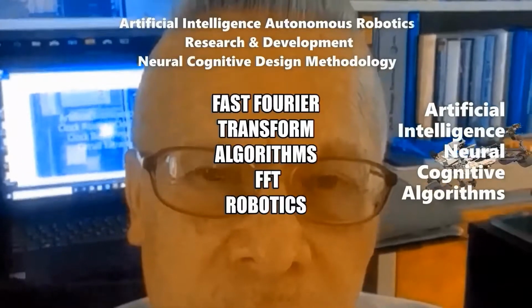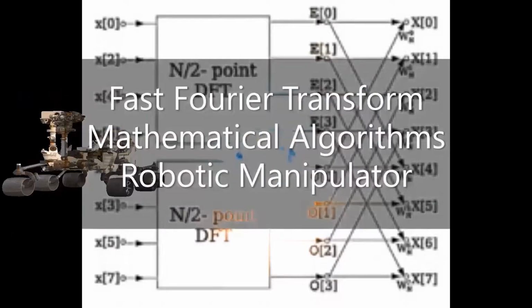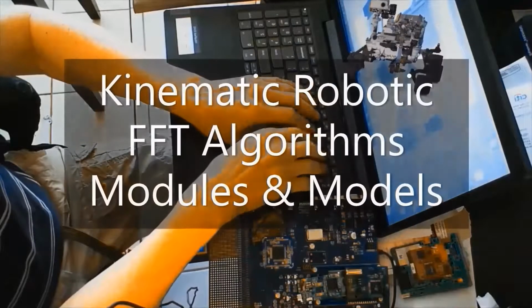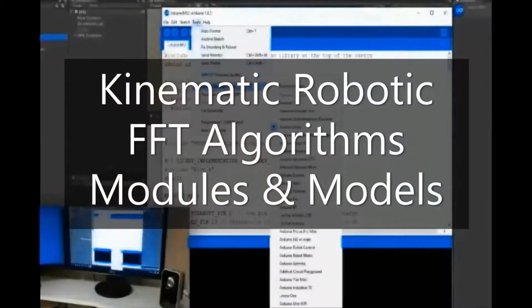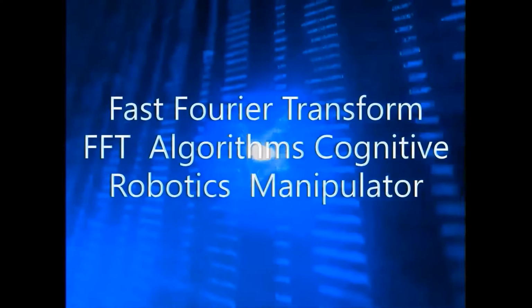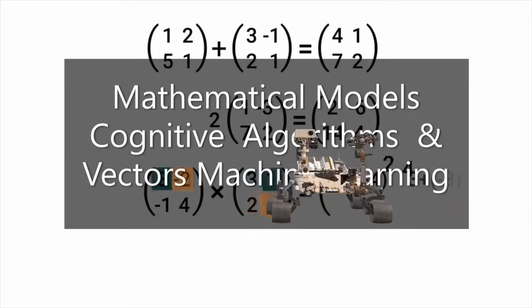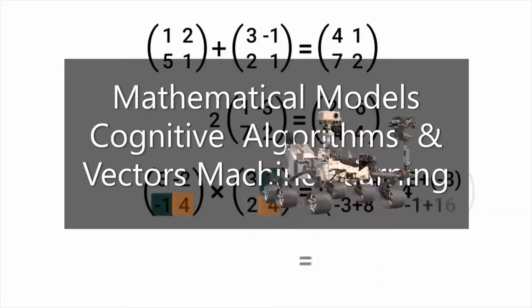Each link has one of n orientations relative to the previous link, and the length of each link, L of i, has a fixed value. The kinematic robotic arm generates the workspace density of a 6-link manipulator as illustrated in this video.